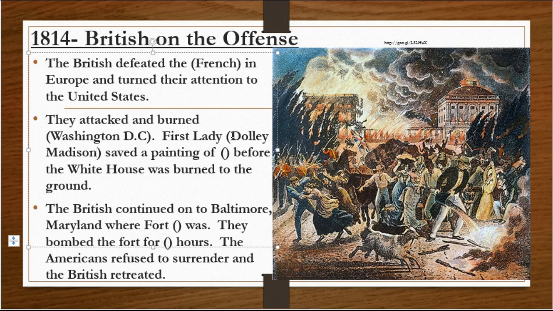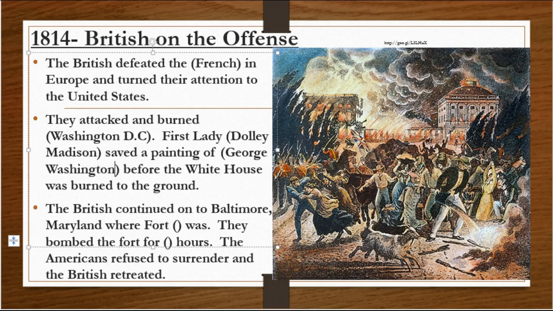She said, if we take this painting out of here, we can save some of the history, because the British were going to burn everything else down. And so she saves that painting of George Washington, and that painting still hangs in the rebuilt White House today. So 200 years later, we have Dolly Madison to thank for that particular painting being saved.